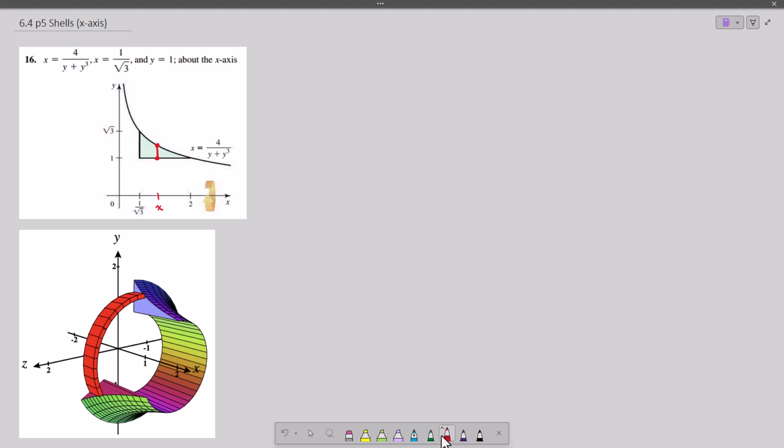This would create what geometric object if this vertical segment was going to rotate around the x-axis? What shape is that going to create? A washer. That's a washer. So we don't want that. So we're trying to do a cylinder. We call them cylindrical shells. So we're going to choose a horizontal element at y, not a vertical element at x. So that red element there, that cross-sectional shell, that cylinder there.